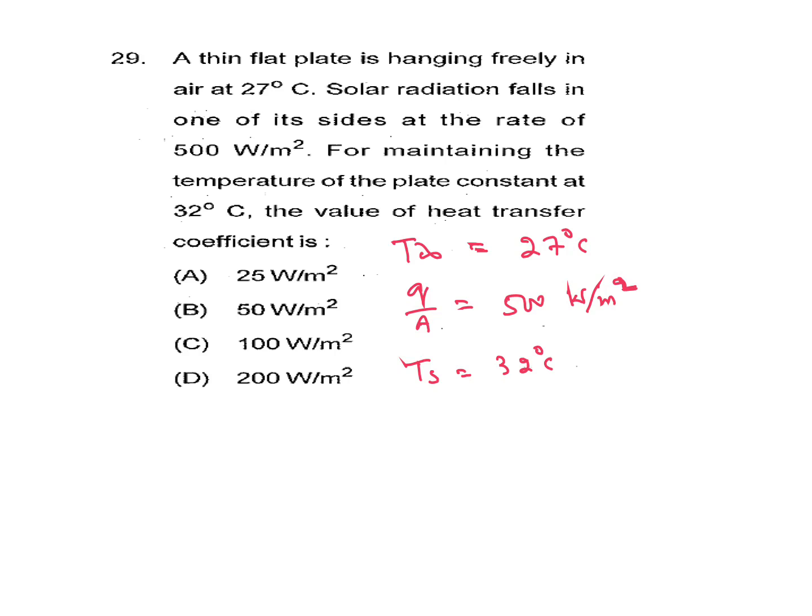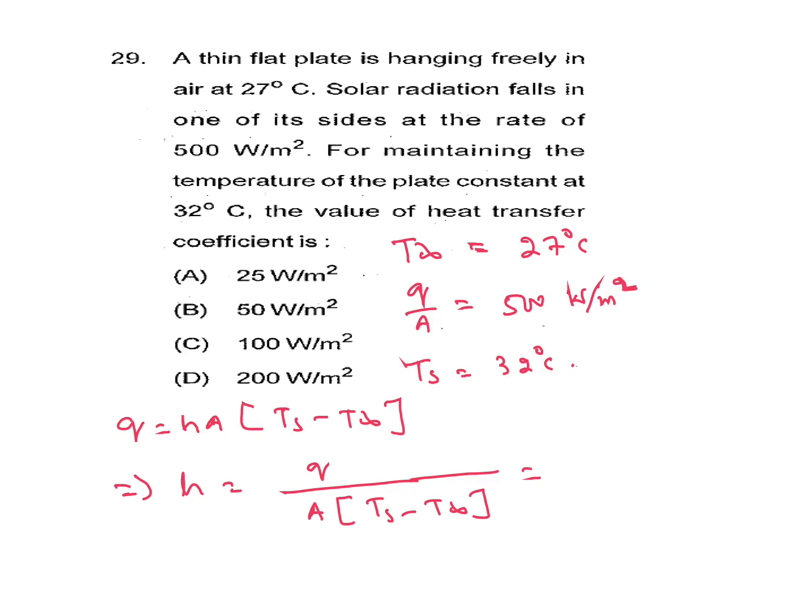From Newton's law of cooling, Q equal to HA into Ts minus T infinity. We have to calculate H, heat transfer coefficient H. H equal to Q by A divided by Ts minus T infinity.